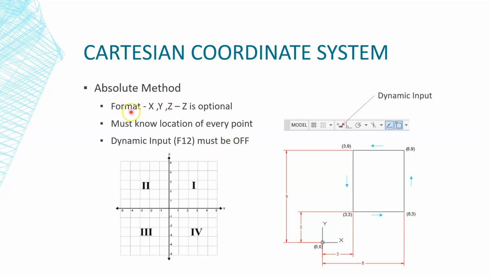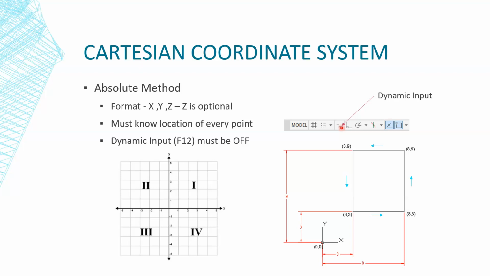The most important thing about AutoCAD is that if you're going to use this absolute method, meaning you know every single point that you're going to have to do, your dynamic input must be turned off. That's going to be this icon. And remember again, once we get to the AutoCAD portion, I will show you how to bring that button on.